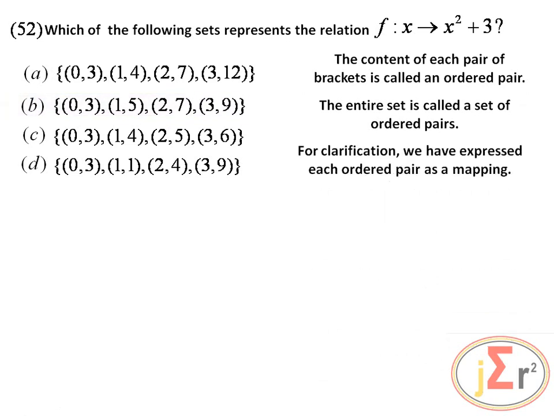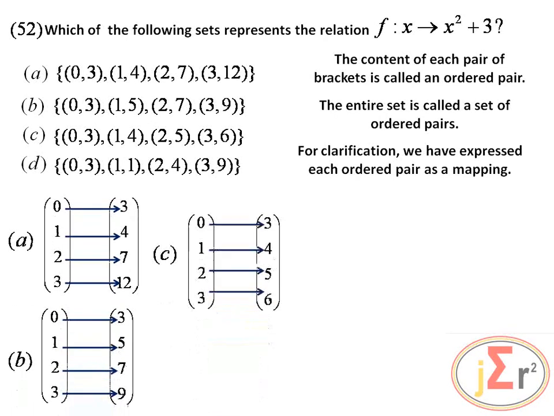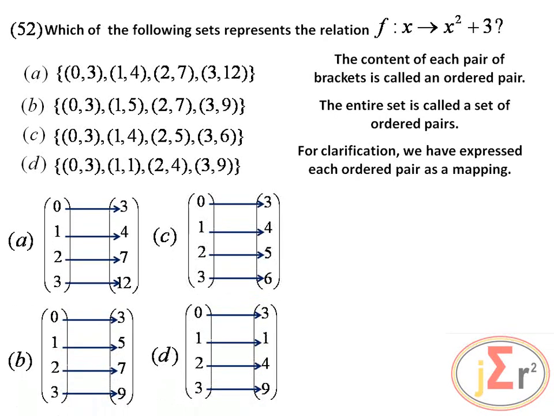For clarification, we have expressed each ordered pair as a mapping, just so that the candidate may be able to understand why we have the functions expressed in this manner. Let us just take a look at one of them.